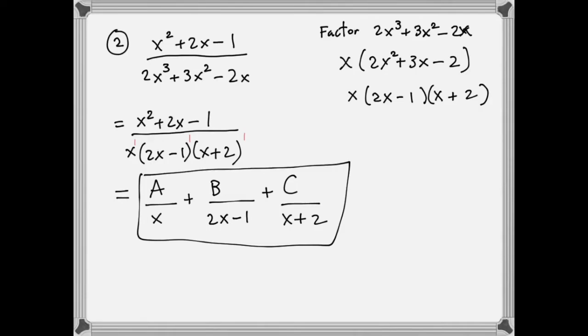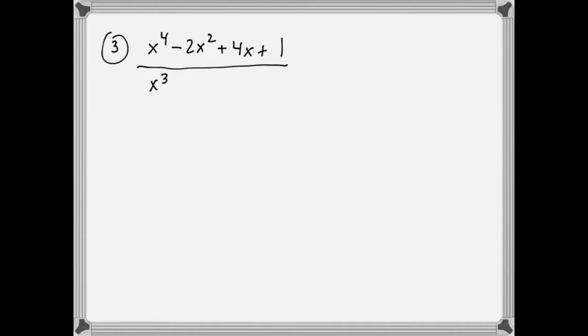Okay, let's try another setup. We have x to the 4th minus 2x squared plus 4x plus 1 divided by x cubed minus x squared minus x plus 1.